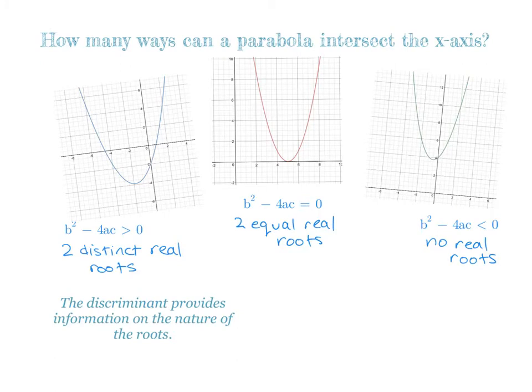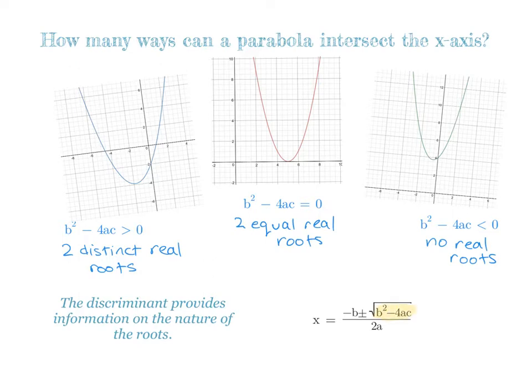The key to determining the number of ways that a parabola can intersect the x-axis, therefore, is the discriminant. When the discriminant is greater than 0, there are two distinct real roots. When the discriminant equals 0, there are two equal real roots. And when the discriminant is less than 0, there are no real roots.